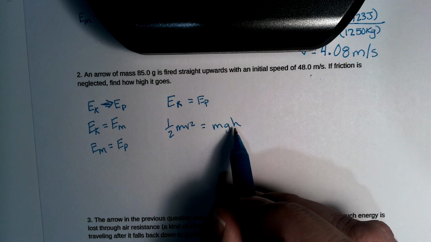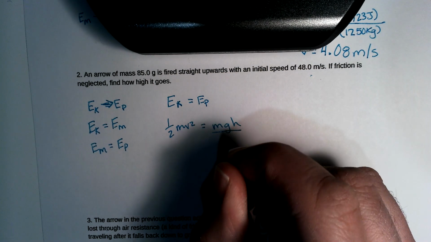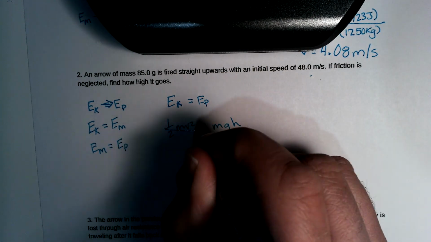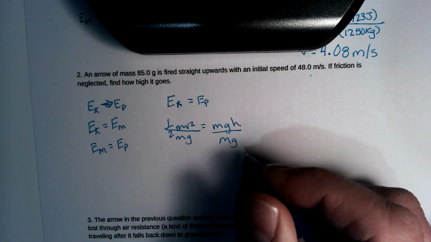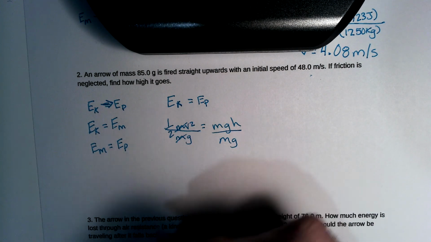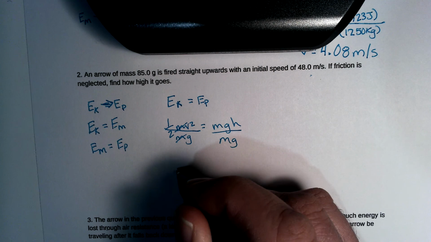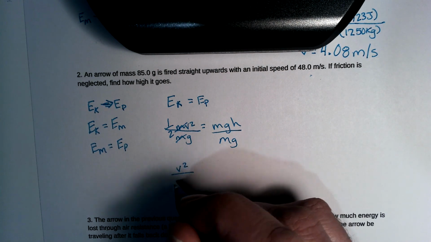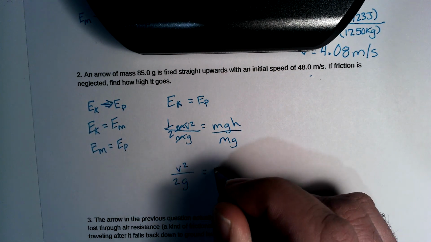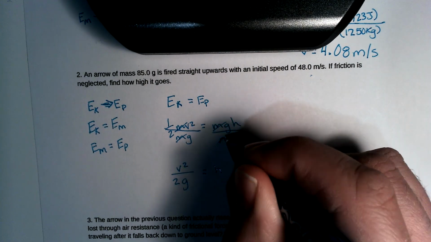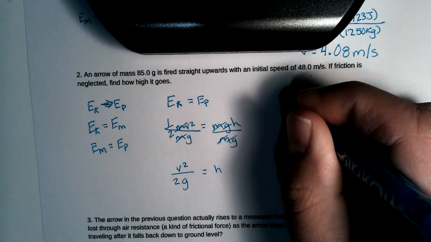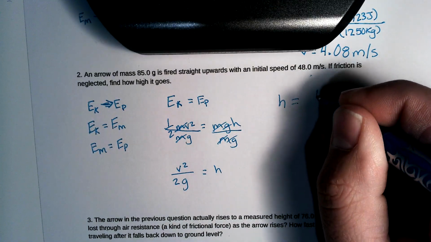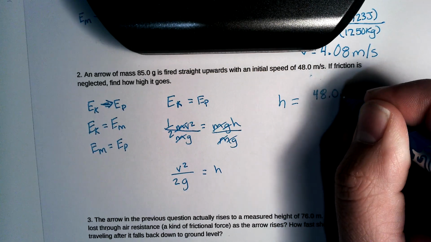If we're finding the height, we're going to divide both sides by mg. Basically we're canceling that out. So we get v squared over 2g is equal to h, because these cancel here too. Now we just put our numbers in. So v squared, 48 meters per second.